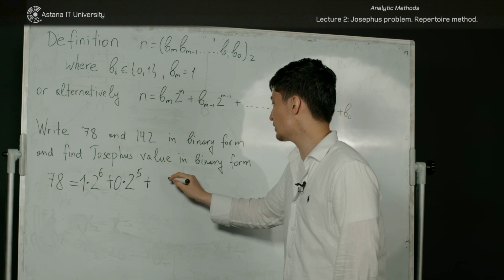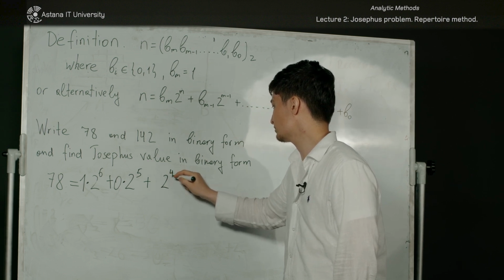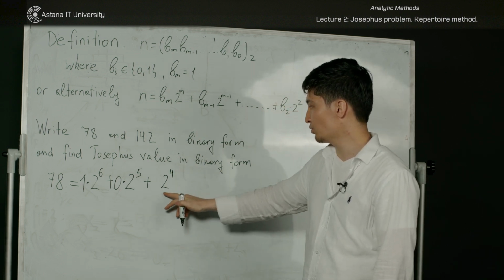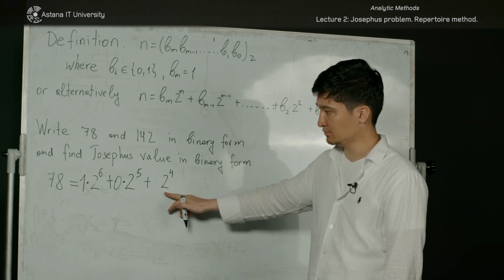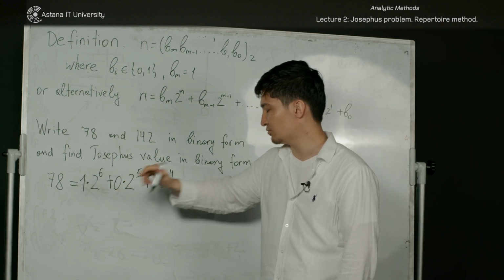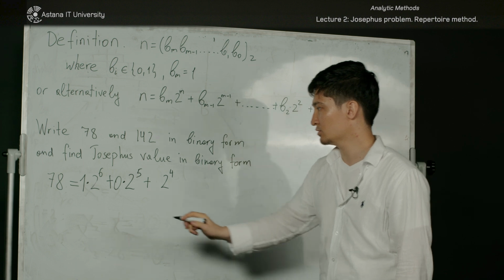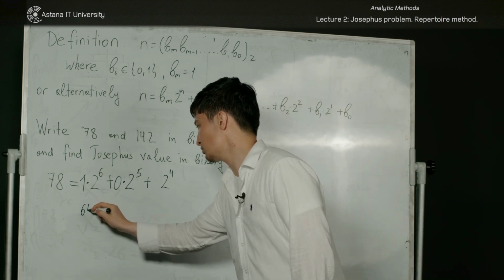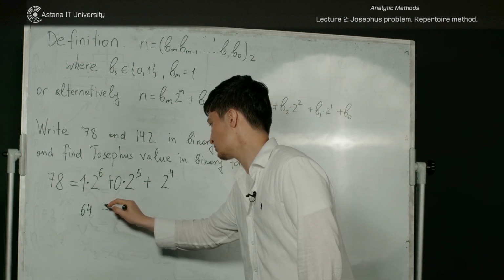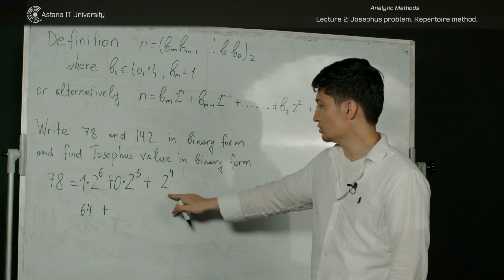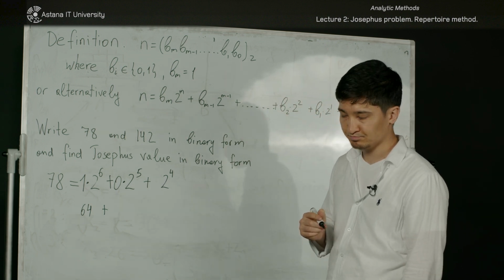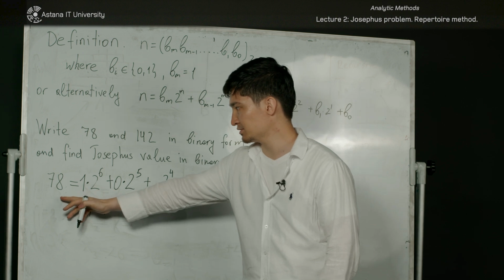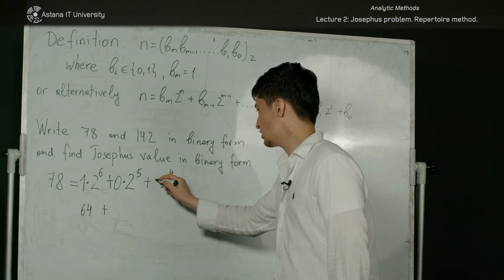Next is 2 to the power of 4. 2 to the power of 4 gives me 16. 16 plus 64 will give me 80, which is greater than 78, and therefore I will not count it.